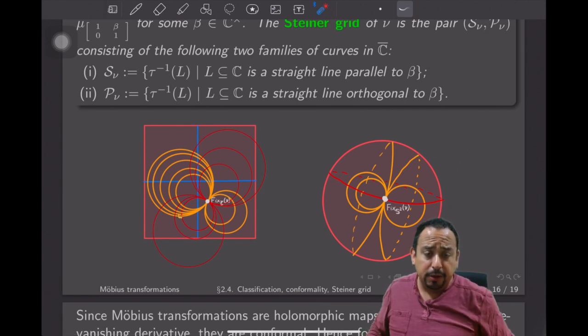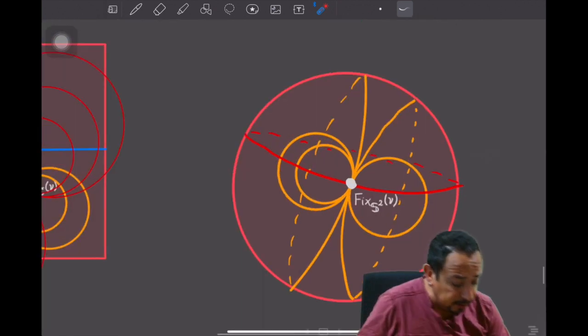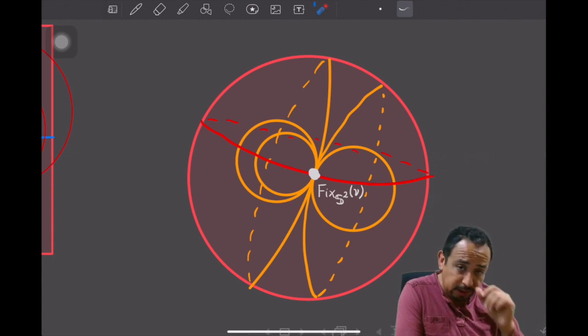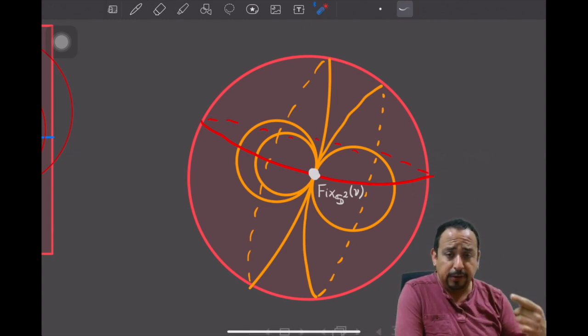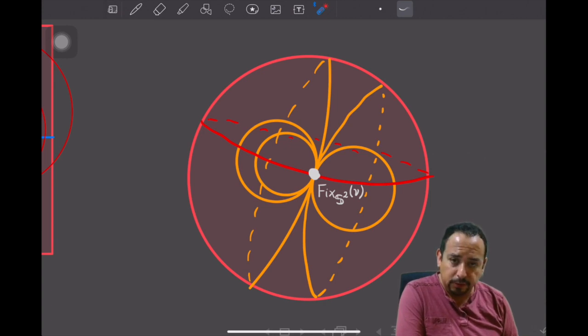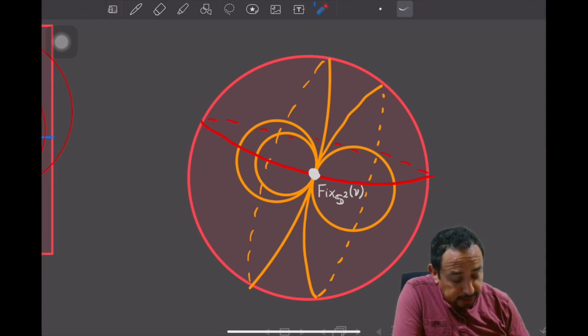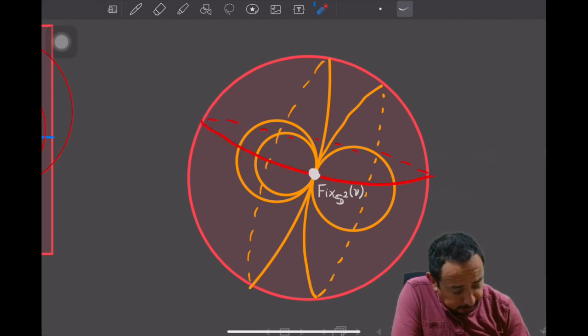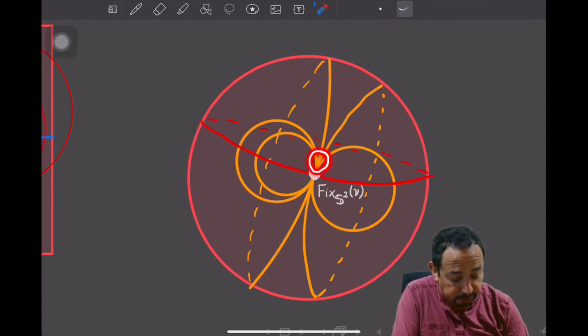And then if you wanted to see it on the sphere, you can see the orange circles there, and I'm thinking that each orange circle is preserved by all the integral powers of nu. And then let's say I take this circle. No, let's say that I take a smaller one. Let's say one here, right? And then I'm going to get away from the fixed point on one side, and I'm going to come back on the other.